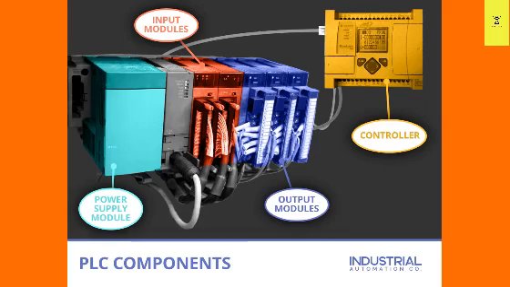Another element is HMI. HMI is human machine interface. It is the interface between operators and the automation system.